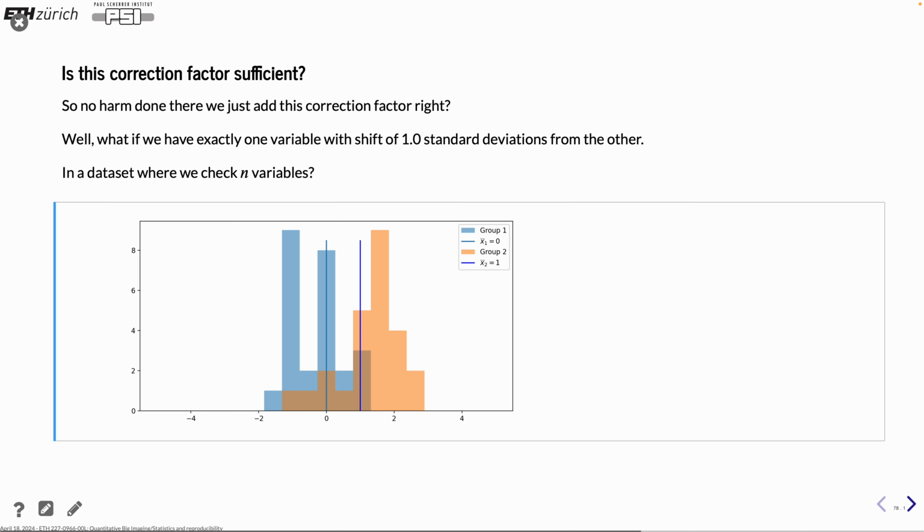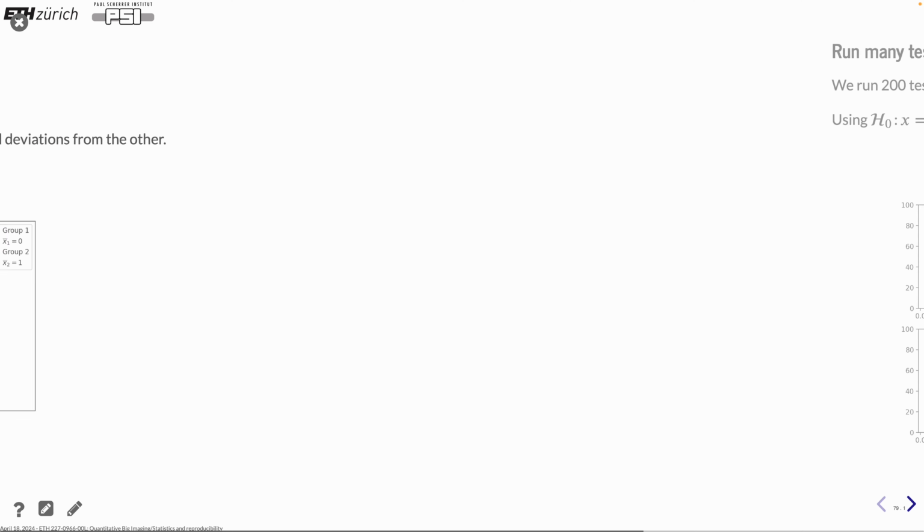Then we have examples where you have made your observations. Mainly all of them are the same, but one is shifted by 1 standard deviation from the others, so the average value is shifted by 1 standard deviation. Then we check with a different number of variables and run.